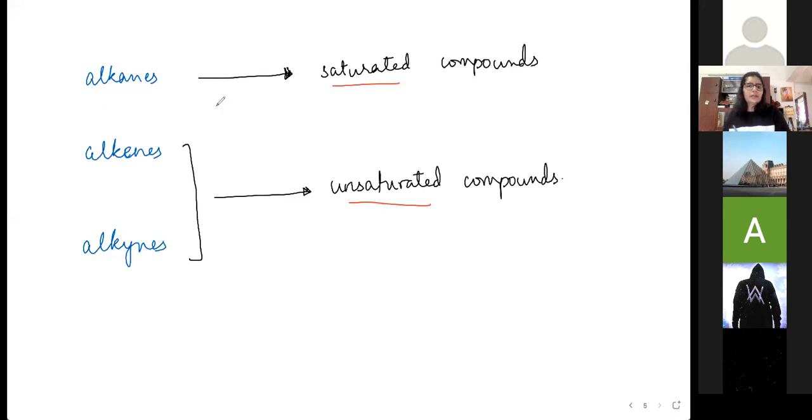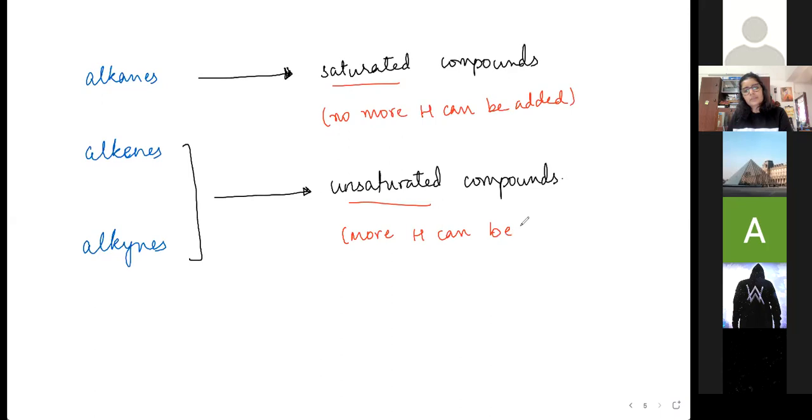So the logic behind grouping alkane, alkene, alkyne is also the same. The thing here is, how many more hydrogens can you add to the compound? In saturated compounds, no more hydrogens can be added. In unsaturated compounds, more hydrogen can be added.